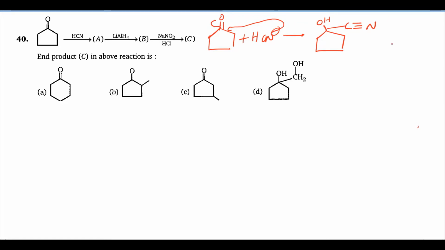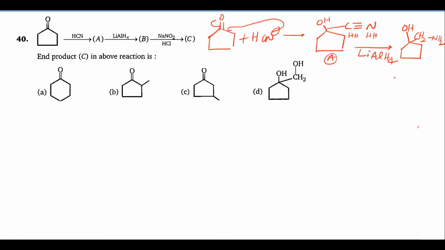Then this is A. The next step they added is LiAlH4. There are 4 hydrogens: 2 hydrogens are added here, 2 hydrogens are added here. Then this is OH and CH2 NH2, an amine is going to form. Now take this compound here; I will tell the mechanism.